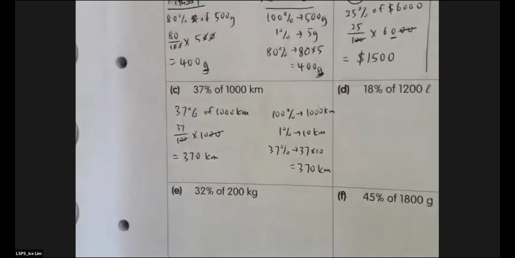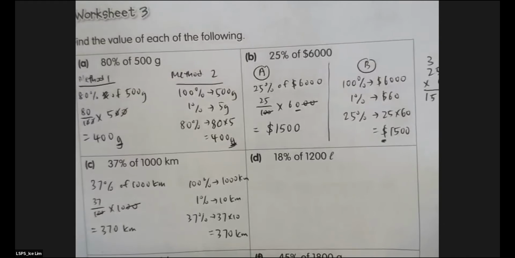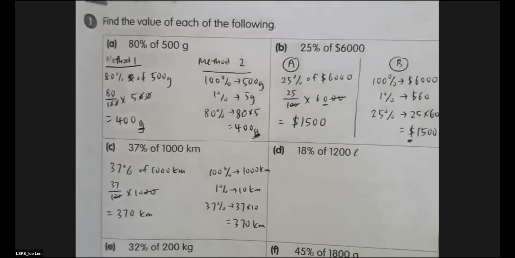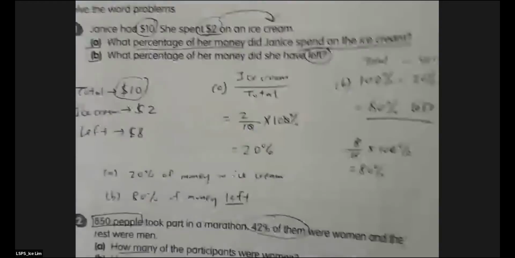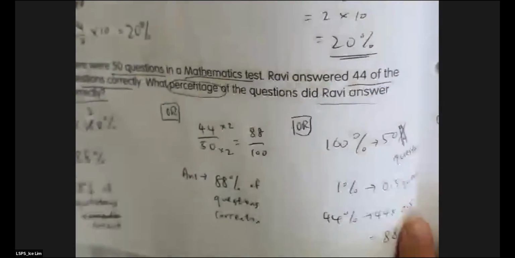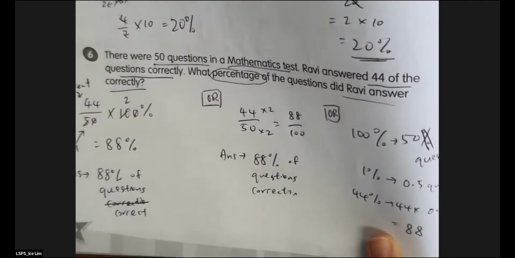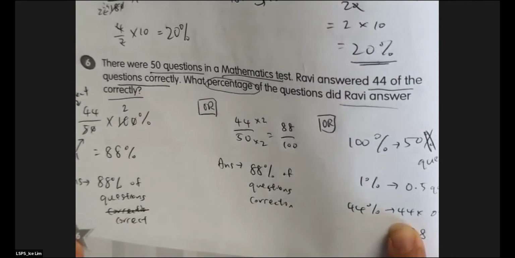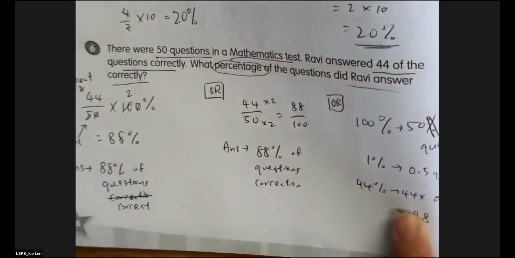And when we're doing percentage of a quantity, we look at the two different methods and we choose which method we are comfortable with doing. And we tried a level 1 question on page 76. It was about the maths test, 50 questions and 44 of them correct.